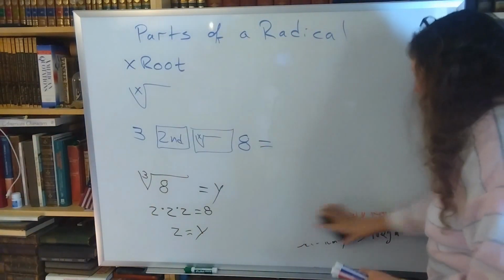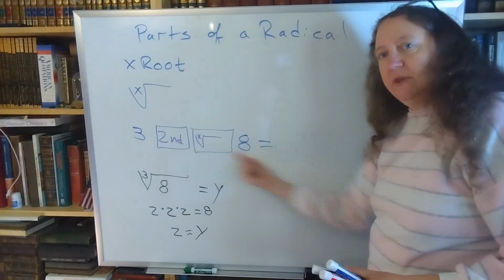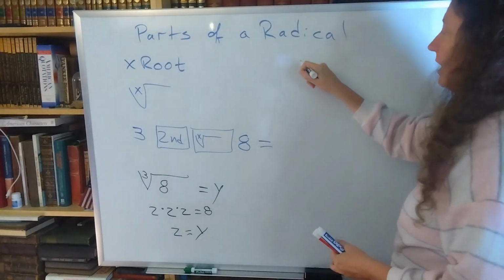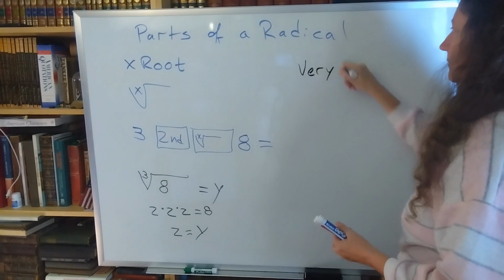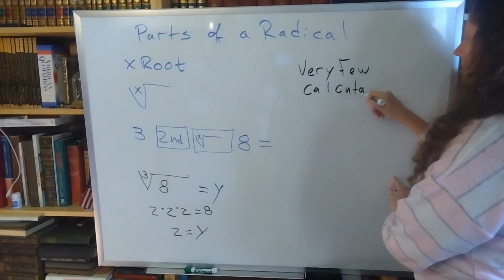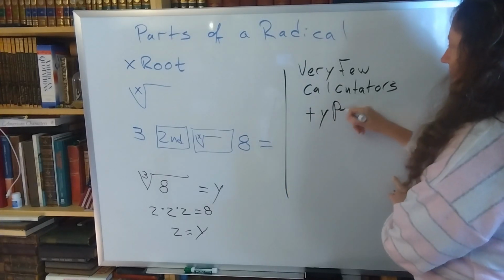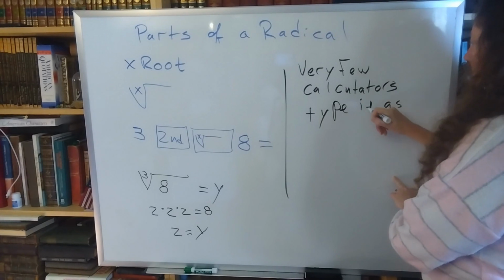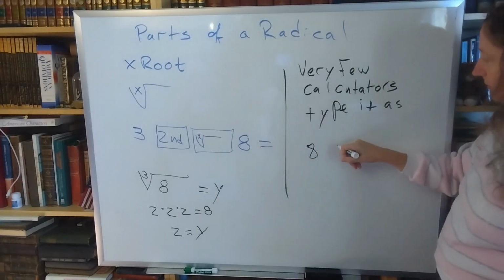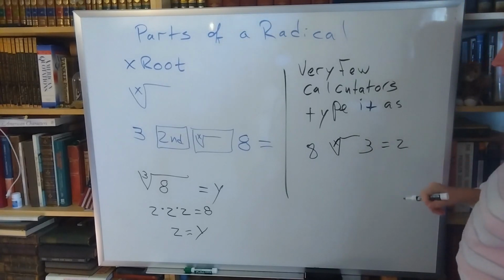Some calculators have that backwards, and you just have to figure out which calculator you have. Does it have it this way, or does it have it backwards? So few calculators, very few calculators, you type it in as eight, and then you do the X root button, and then you type 3 to get 2.